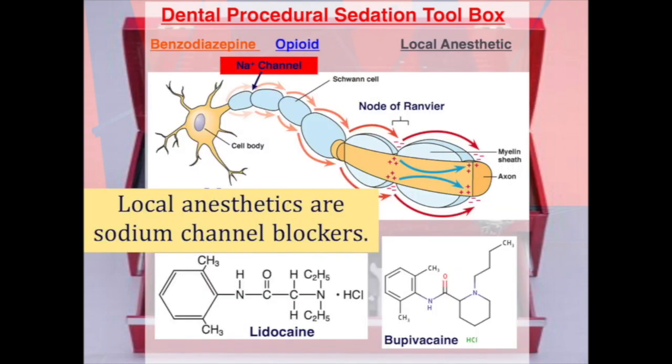What you've got with the local anesthetics is that they are sodium channel blockers. You've heard about calcium channel blockers, but local anesthetics are sodium channel blockers. As the myelin wraps around the nerve, the axon, you'll see that there's a sheath there. It's called the Schwann cell, and there's a node in between until the next Schwann cell picks up.